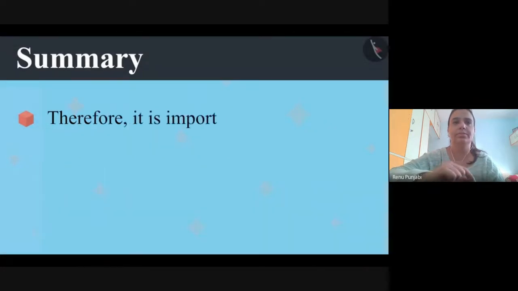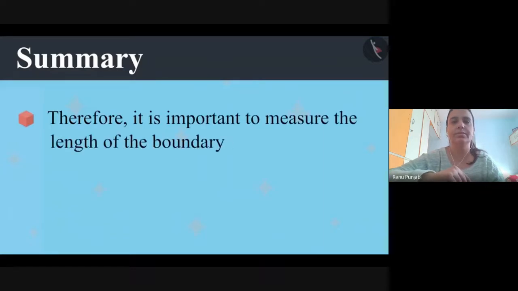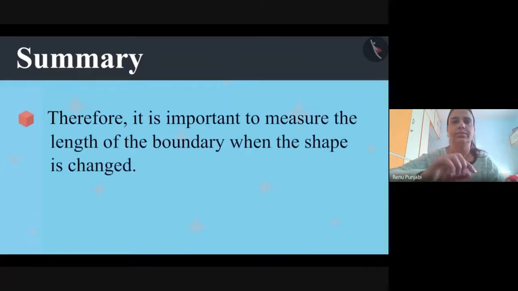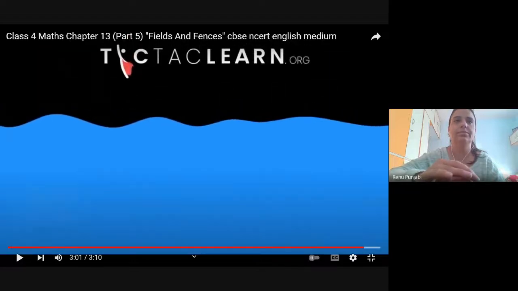Therefore, it is important to measure the length of the boundary when the shape is changed. So got it, students? Sometimes it changes, sometimes it doesn't, but it is compulsory for you to measure it. Clear? Yes or no? Yes, ma'am.